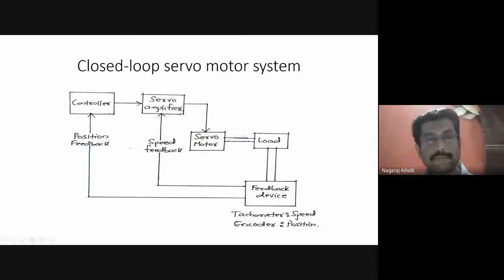This is called an amplifier. So it does that, and it applies the signal from the controller to the servo motor. That is, how much speed it wants to control, or how much position it wants to control, can be easily controlled by this feedback mechanism, the closed loop servo motor system.